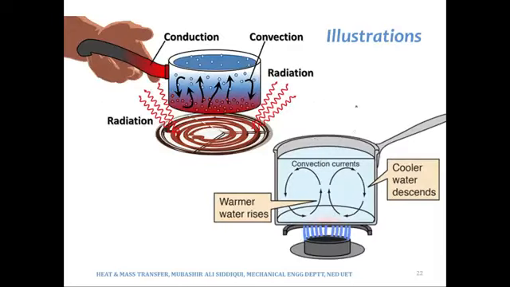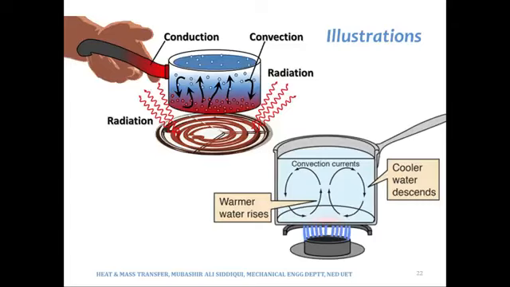This is the illustration of convection. Over here we can see that we are heating the water on a stove. The stove may be electric or it may be a fire stove.